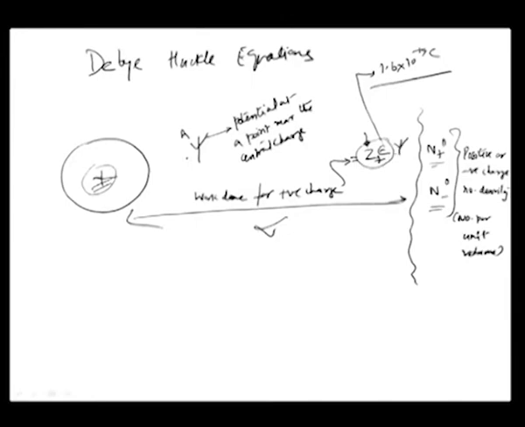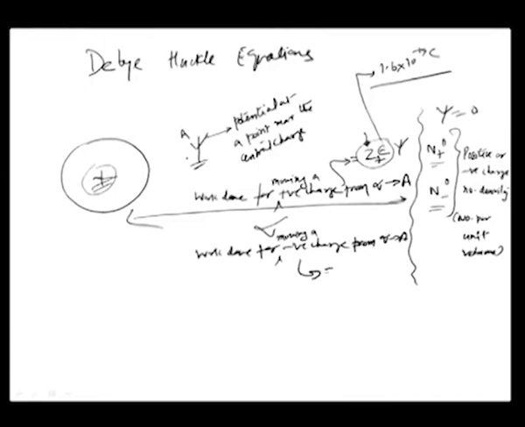Similarly, the work done for moving a negative charge from distance infinity, where xi is 0, all the way to this point A, would then be given by minus Z minus epsilon xi.